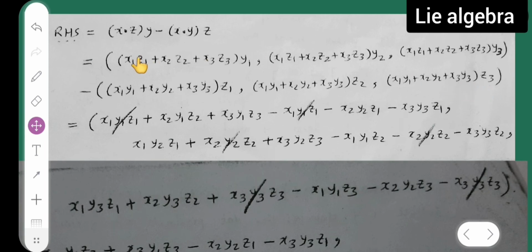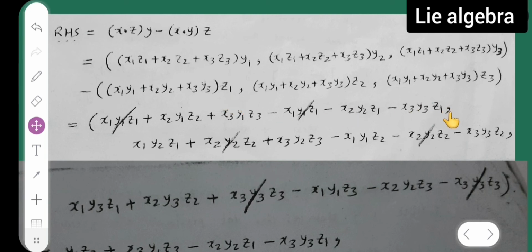Now what I have done is I have taken this part, this y1 multiplied inside for this one, and then put a minus sign, and then put this part: x1 y1 z1 minus x2 y2 z1 minus x3 y3 z1, this part.